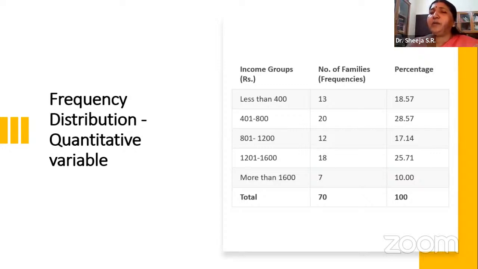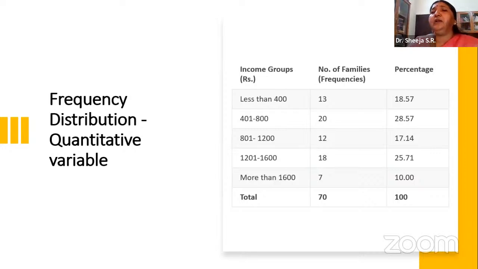So among the 70 families, the highest percentage, 28.57%, are getting income between 400 to 800. So if you are expressing only frequencies alone, the number of families alone, comparison may be slightly different.